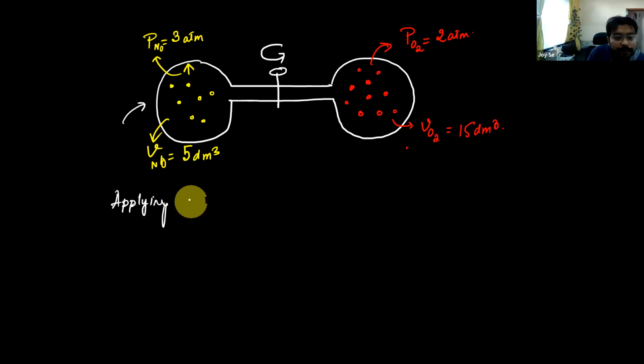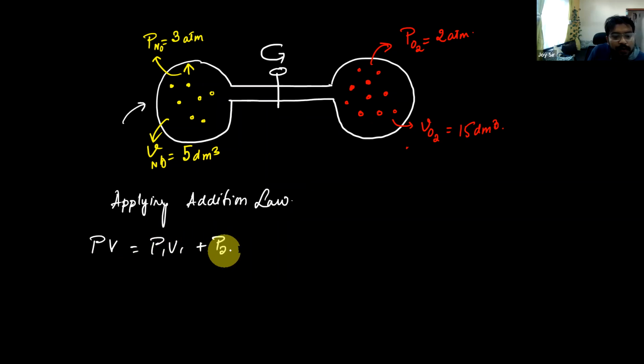So applying addition law of gases, what do we get? We get total pressure P, total volume V is equal to P1 V1 plus P2 V2. तो यहाँ पे P1 किसको ले सकते हैं? PNO. वॉल्यूम किसको ले सकते हैं? VNO. प्रेशर P2 किसको लेंगे?